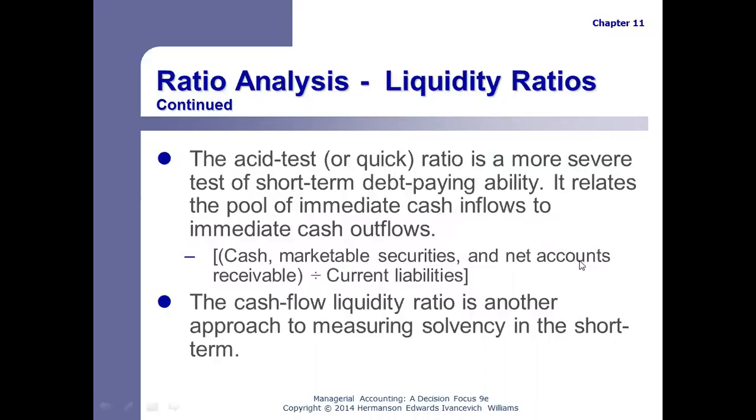Those are called bad debts. But anyway, these three items are the numerator, and your current liabilities is your denominator. And then that ratio, the acid test ratio, measures if you had to pay your current liabilities really quickly within a month, do you have enough assets to do that?